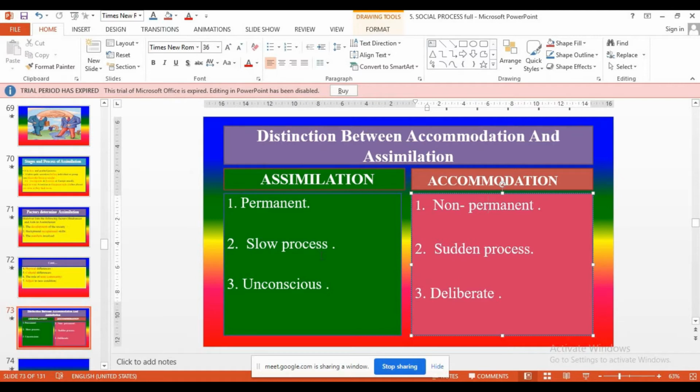We unknowingly share our experience and knowledge when we interact with others and try to maintain similarity in the new social setting. Third one, accommodation is deliberate, a planned one, planned to solve the conflict.